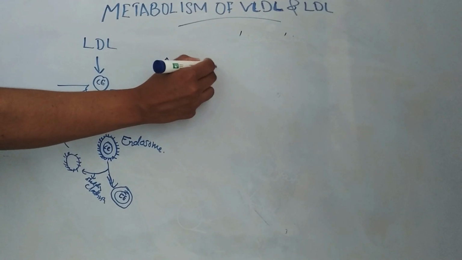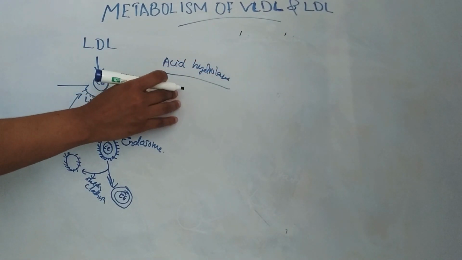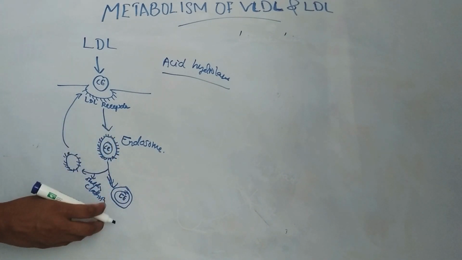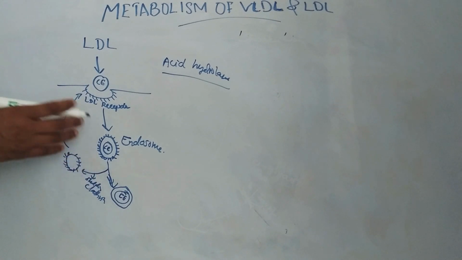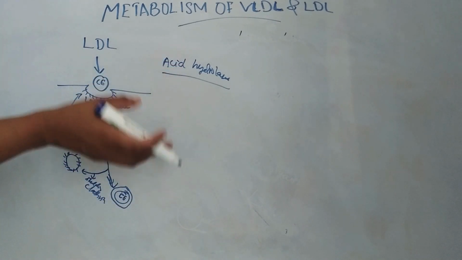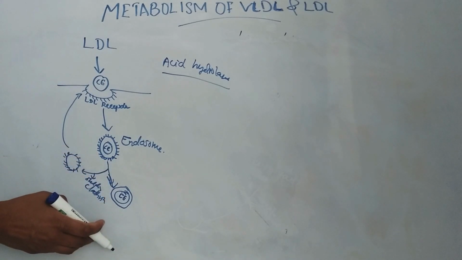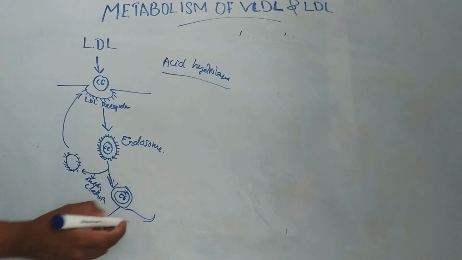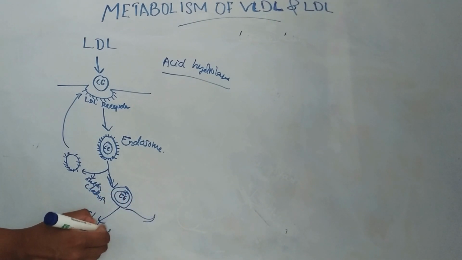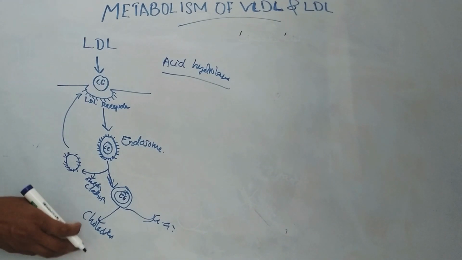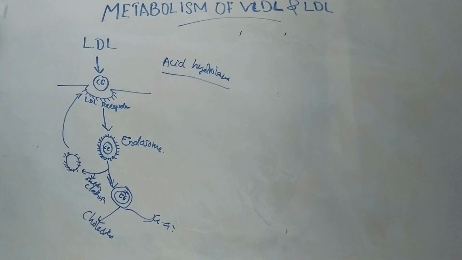These acid hydrolase enzymes hydrolyze the cholesterol esters and the apoproteins in this particle into free cholesterol and amino acids. Then this cholesterol is translocated into the cell.